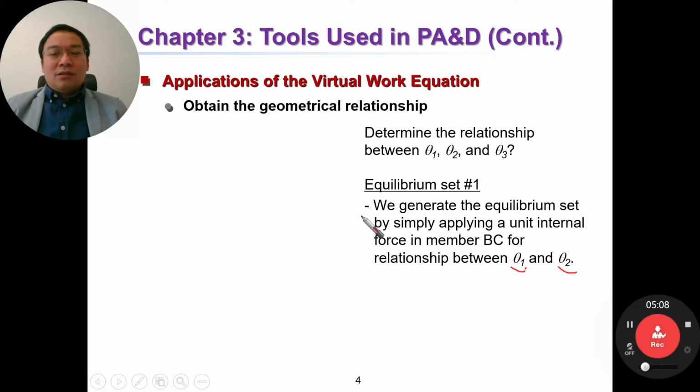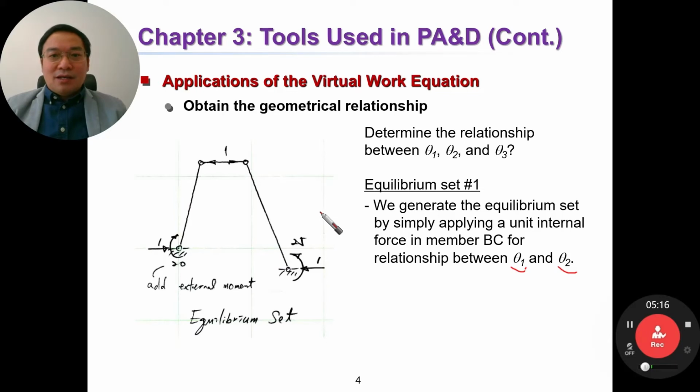To do so, we generate the equilibrium set by simply applying a unit internal force in member BC. So here is B and C. We apply a unit internal force inside BC.